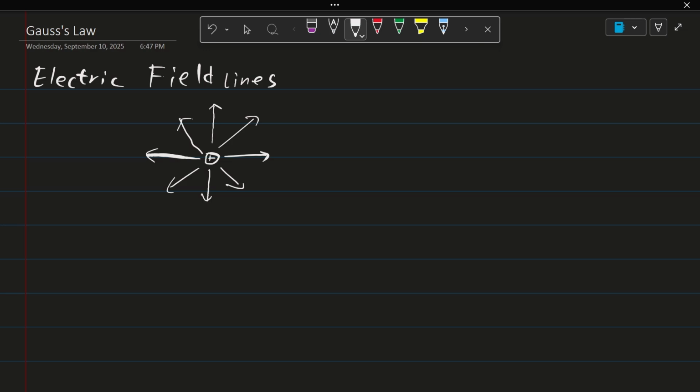And if you now start to consider the electric field as well as the flux for a given electric field, we would observe some things. First, let's discuss the electric field itself, since I haven't really defined what the flux is.